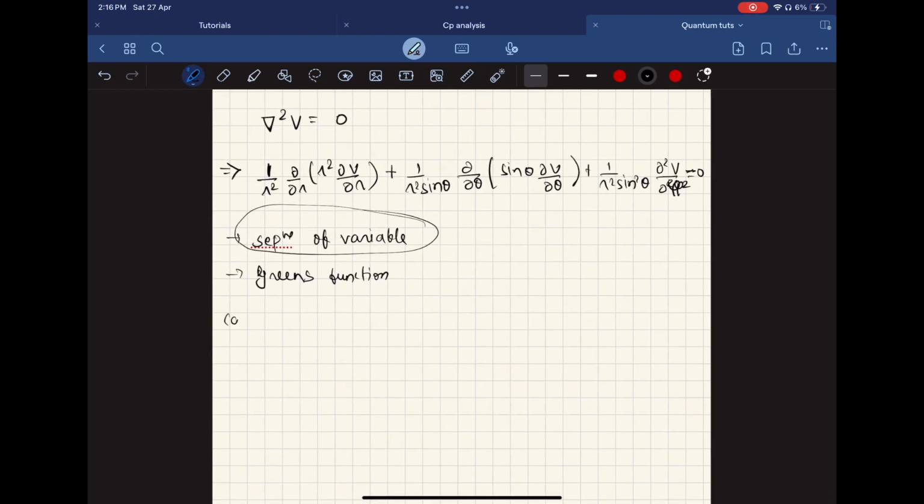For case 1, we are going to assume that our V is only a function of r. That is, it is independent of theta and phi.